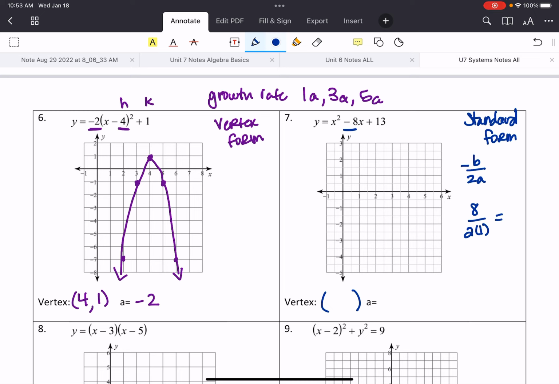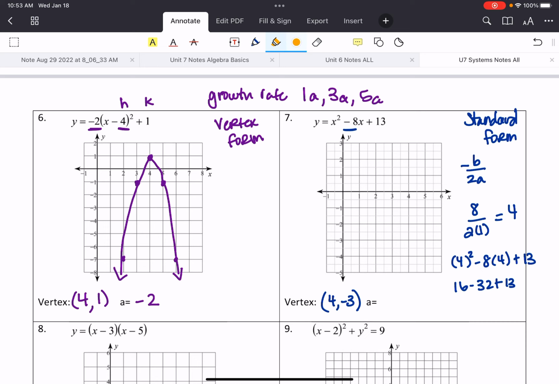And when I solve that, I get a 4. Then everywhere there's an x, I'm going to plug in a 4. 4 squared is 16 minus 32 plus 13, and I'm going to use my calculator for that. You guys know how well I'm at doing math.